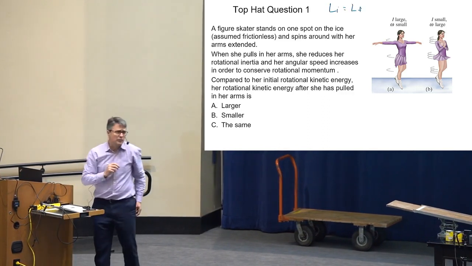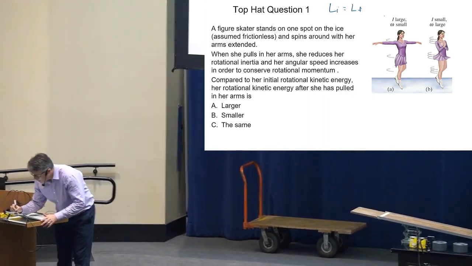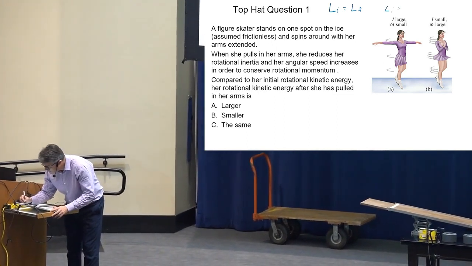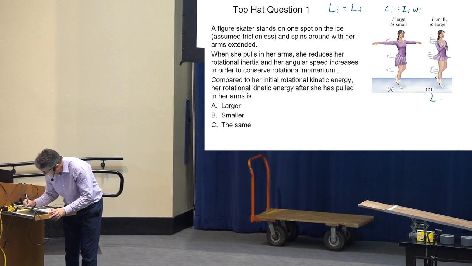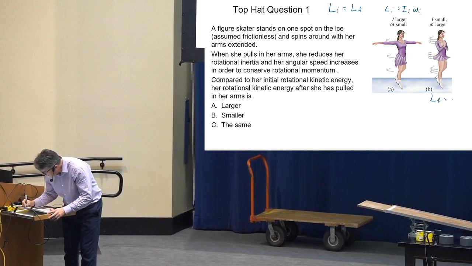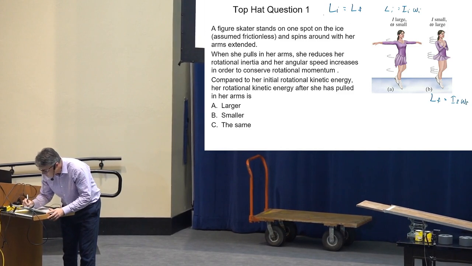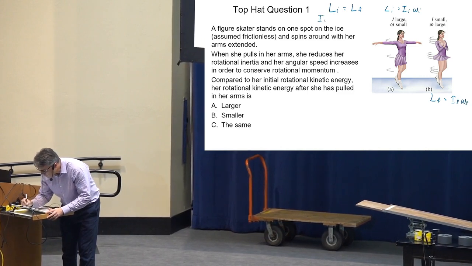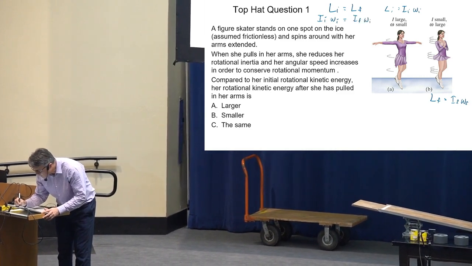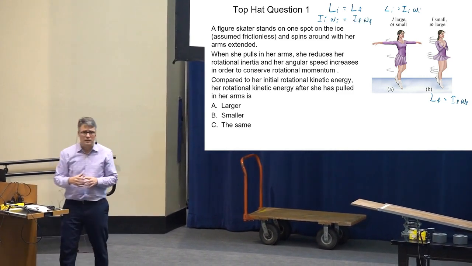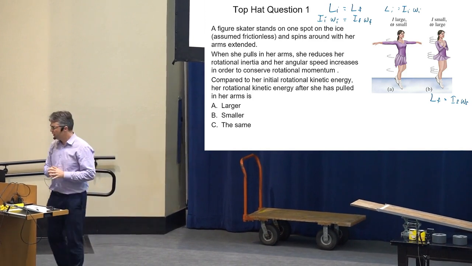That's sort of your equation. L initial is equal to I initial times omega initial, and L final is equal to I final times omega final. So I initial omega initial equals I final omega final, right? That's your equation, conservation of angular momentum.